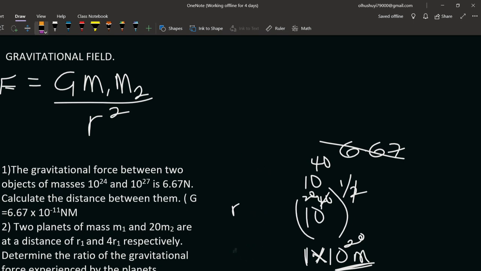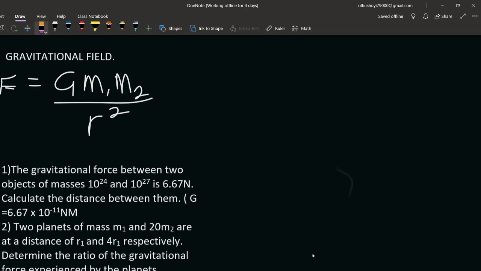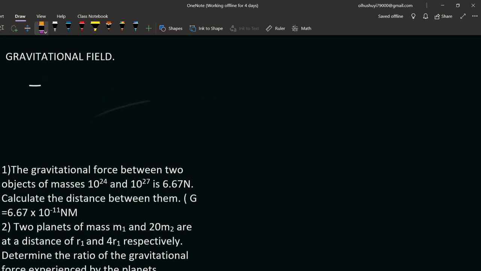Now, if you look at question 2, you will observe some things. The question says two planets of mass m1 and 20 m2. Okay, so that should be 20 m1. There's an error there.